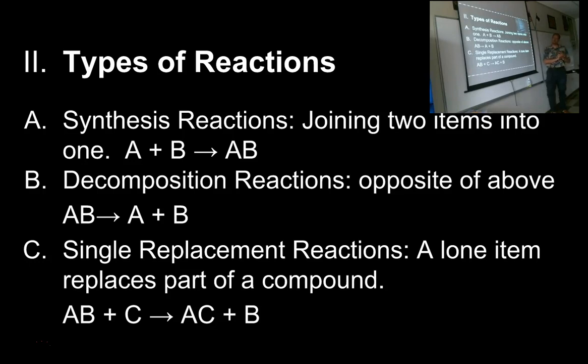And then there are replacement reactions, where you have some atom that's by itself, and it comes in and jumps into a molecule and replaces something that used to be joined to it. So A and B are bound together into a molecule, and then along comes C, and A dumps B and is now hanging out with C, right?